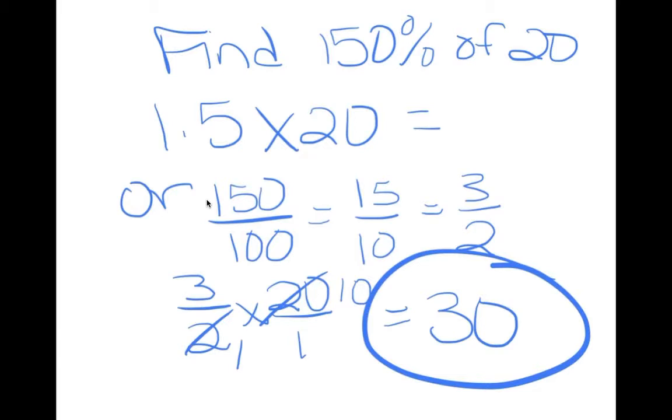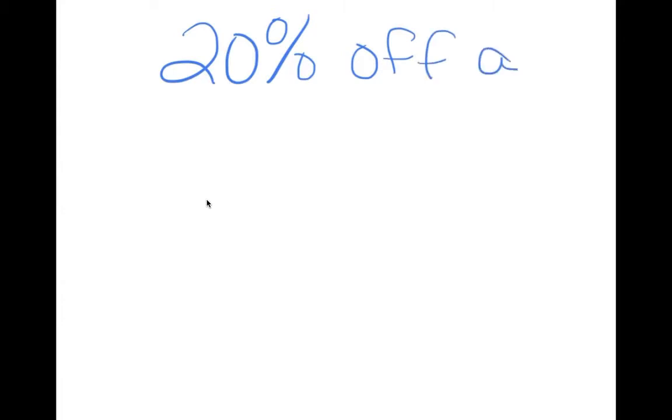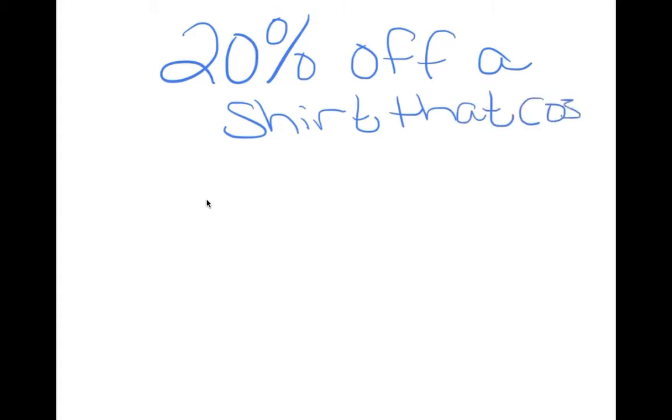Okay, let's add another example. How about you go to the store and you see that the shirt you want is 20% off. Okay, so it's going to be 20% off a shirt that costs $14.99.